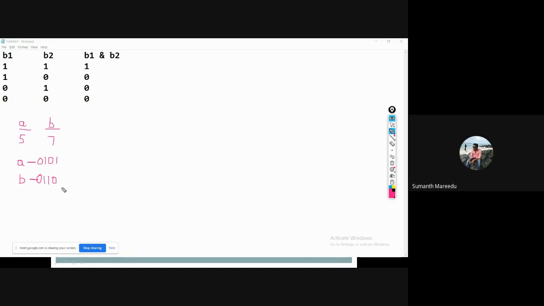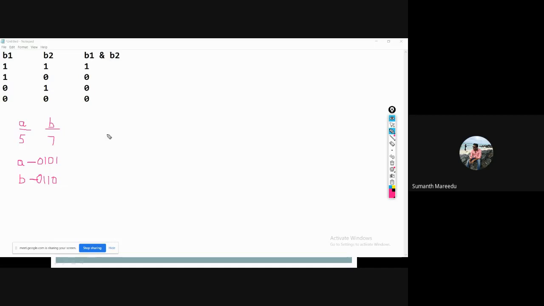That is what I told previously: how to convert 5 to binary. Divide by 2, consider all the remainders and place them in that order. You will get the binary representation of any decimal number. With that format you will get the binary representation of 5 and 7.